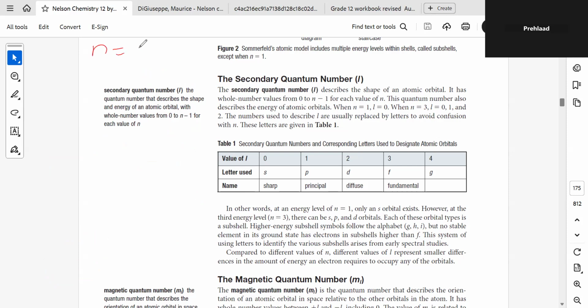Try this. If n is equal to 3, the L number will be 0 to 3 minus 1, that means 0 to 2. So the L numbers will be 0, 1, and 2. Okay, now I get it. Now try n equal to 5.